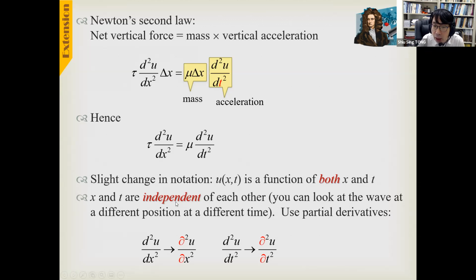And x and t are independent of each other. Now this is possible because u is a function of both x and t, which are independent of each other. Okay, because you can look at the wave at a different position and at a different time. x and t can be chosen independently.